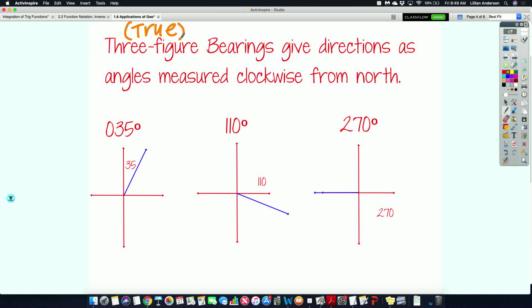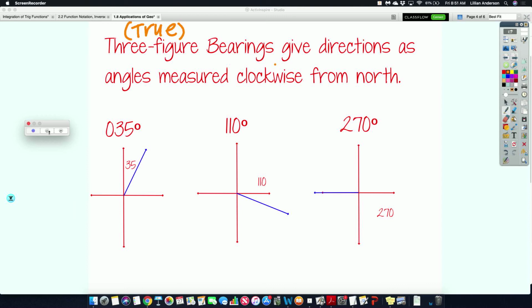This one is used a lot more when it comes to navigation, direction, etc. True bearings or three-figure bearings give direction as angles measured clockwise from the north direction. Clockwise from the north direction. So again, you're starting from the north direction, going clockwise, and it'll always be clockwise.